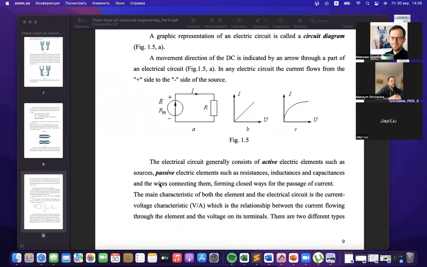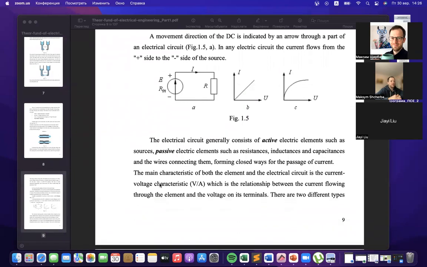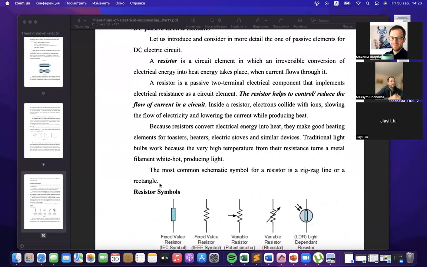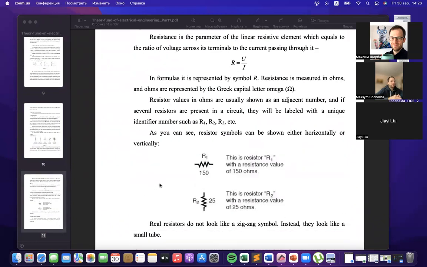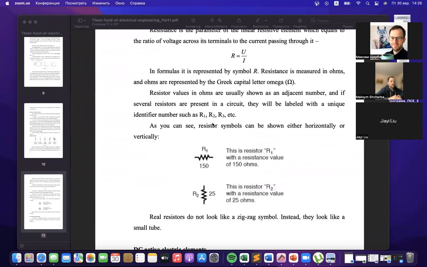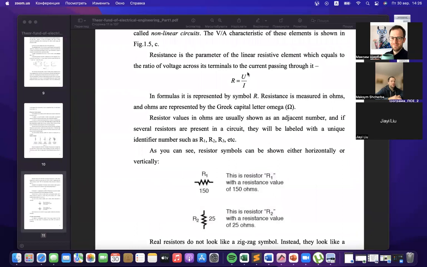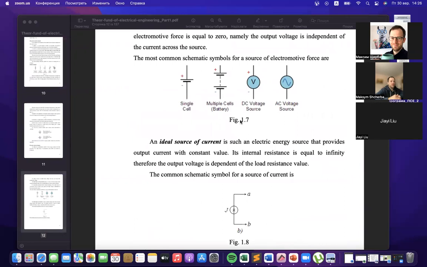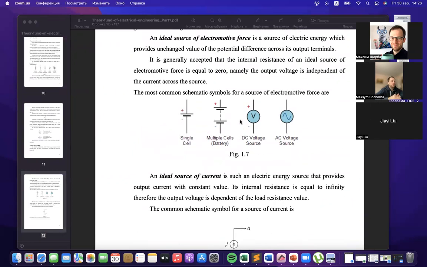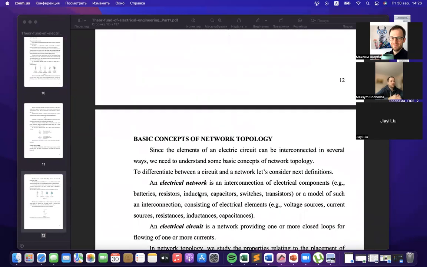After we divide all our elements into generators and consumers, we describe two types of generators. And as we were saying, voltage, current and resistivity are connected in one equation, the Ohm law. And two variants of sources, voltage source and current source.